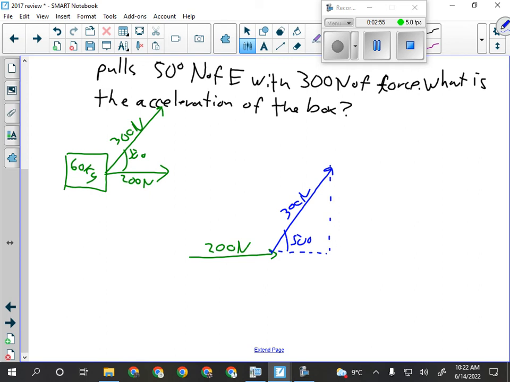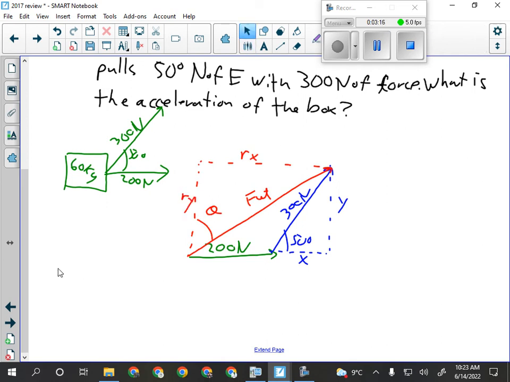That might be slightly more than 50 degrees, but okay, this will be y, this will be x. Then our net force is the result, the vector sum of those 2 forces. I'm just going to draw the box up here so that it's out of the way. So we would have a vector diagram like that.